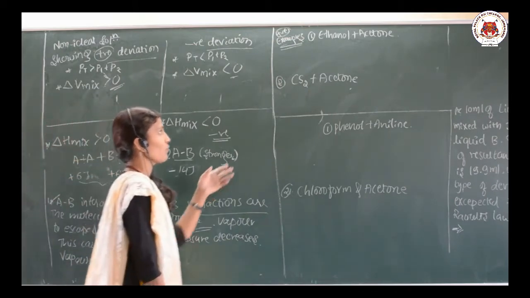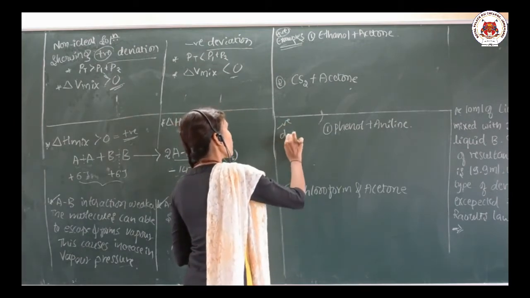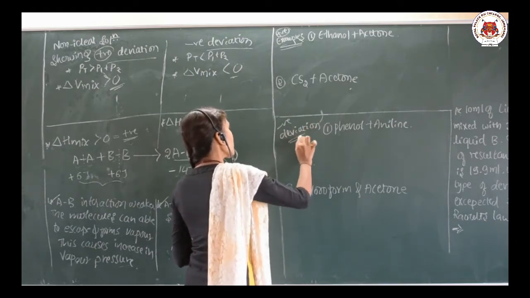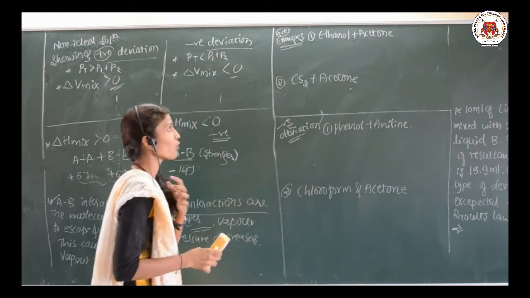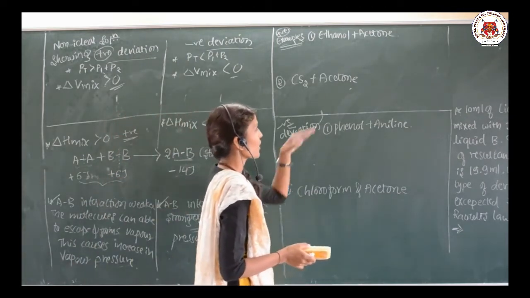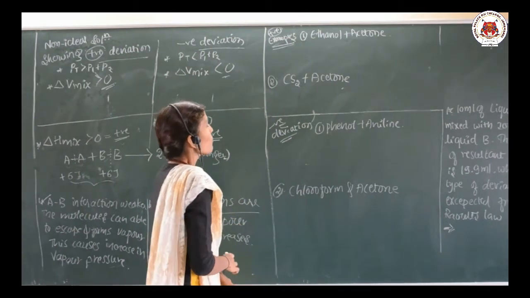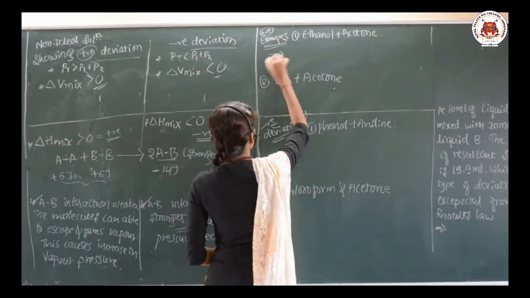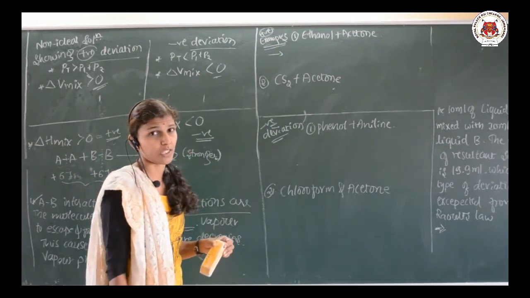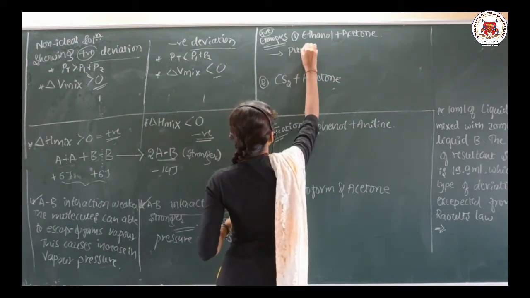So let us go through a few examples of positive and negative deviation. These are very important; they are going to ask you why the mixture of ethanol and acetone shows positive deviation, and why the mixture of carbon disulfide and acetone forms positive deviation. Let me tell you why the ethanol and acetone mixture gives positive deviation.